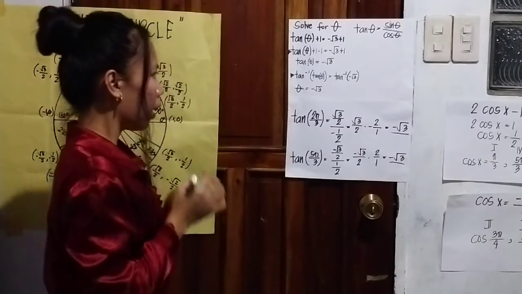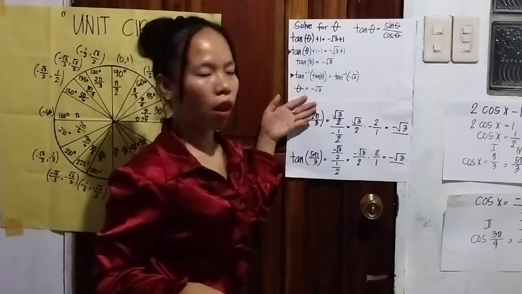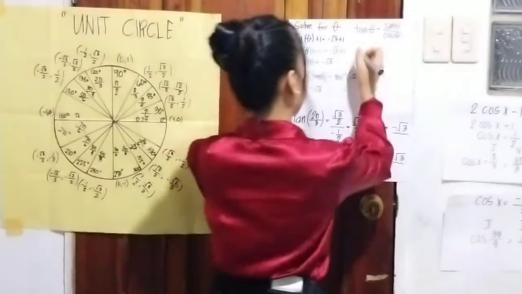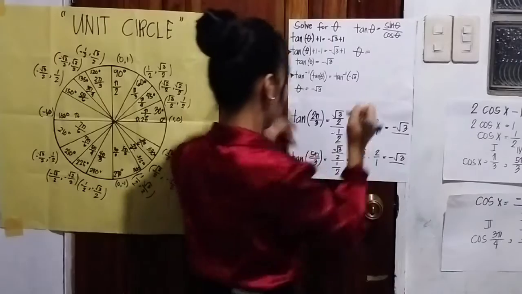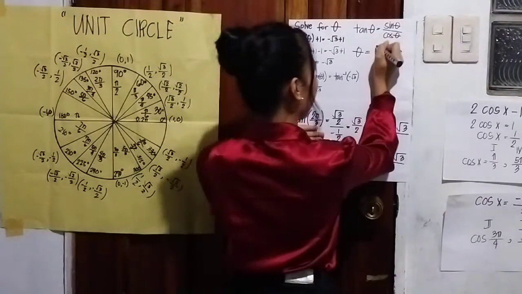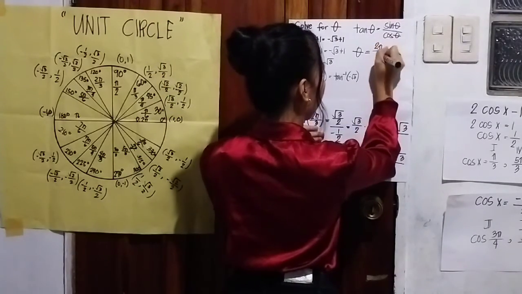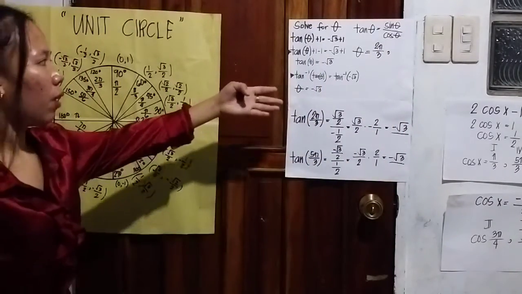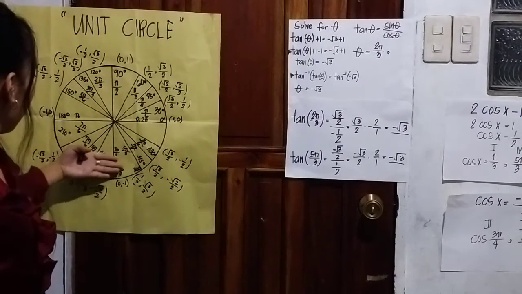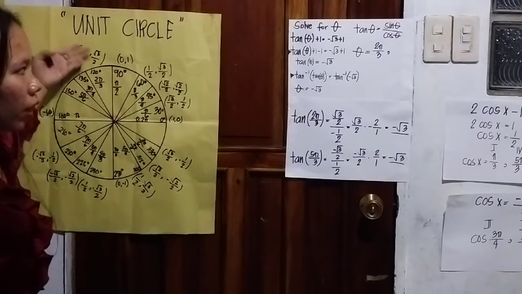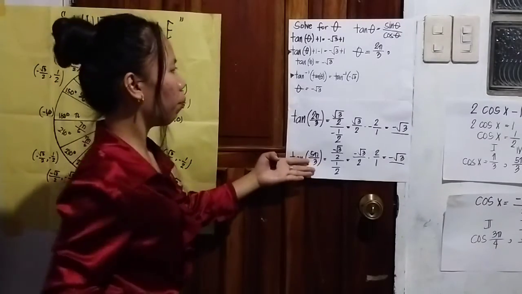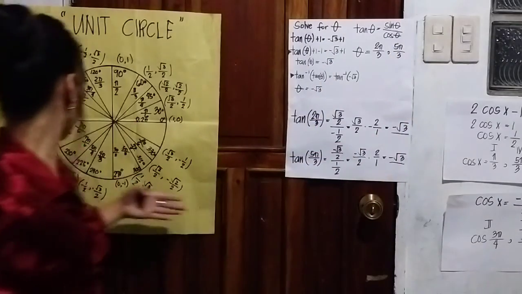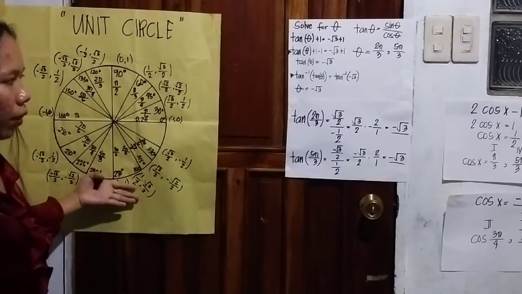So the answer for this equation for our theta must be 2/3 pi, which is located in quadrant 2, and 5/3 pi, which is located in quadrant 4.